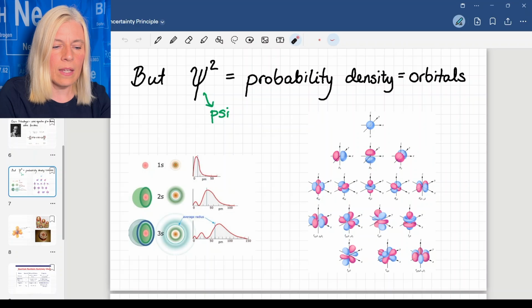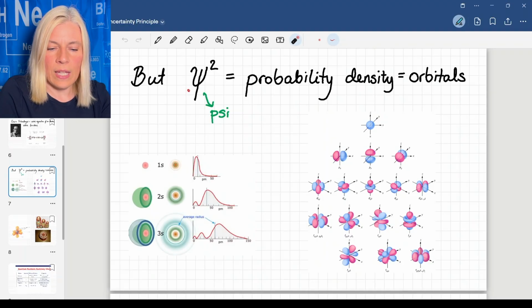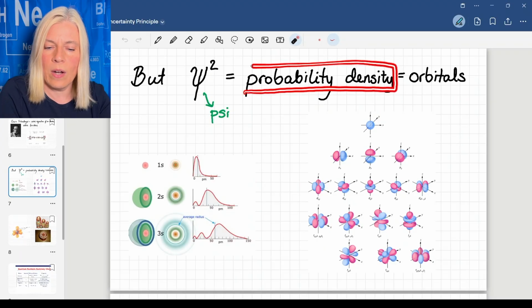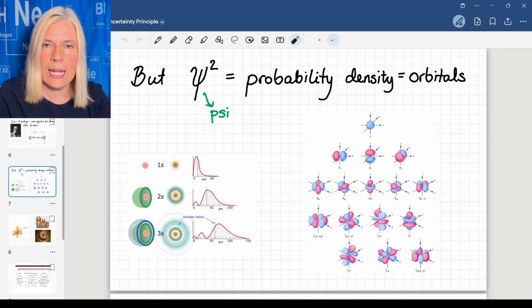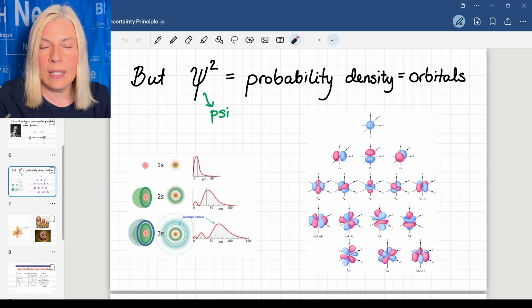So if you take Schrödinger's wave equation, here is that Greek letter psi. And if you square it, you will get probability density of where an electron is most likely to be found. And this probability means orbitals. Please do not get this confused with orbits.